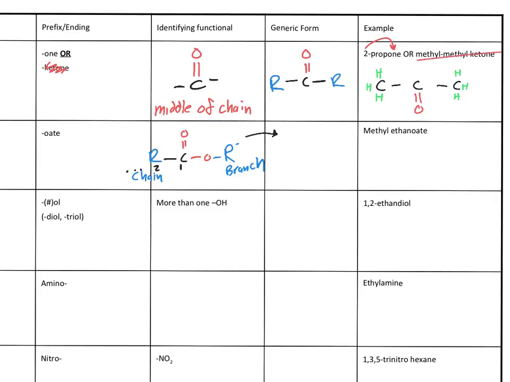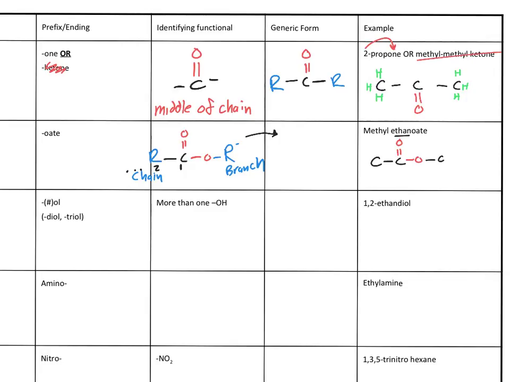Now, the example here is methyl ethanoate. In the methyl ethanoate, the ETH tells me it's a 2 carbon long chain. The OATE tells me it's an ester. So I'm going to have my double bonded oxygen here, my single bonded oxygen there, and then I'm going to add my methyl branch, which is going to be right here.